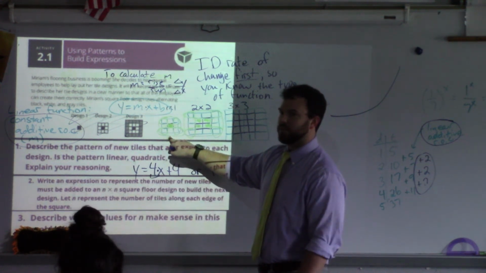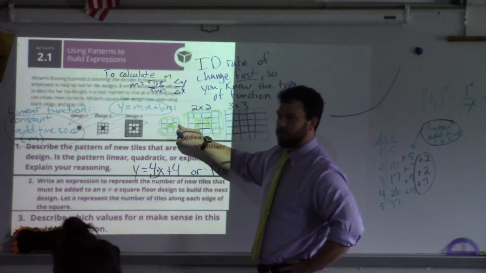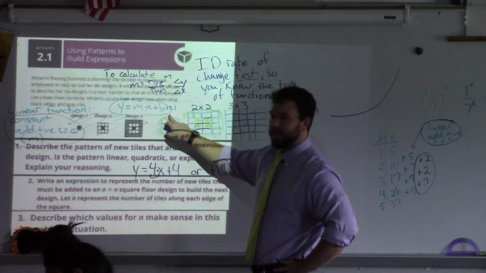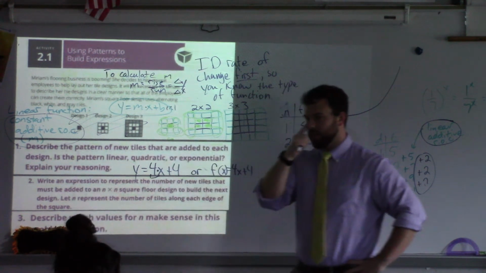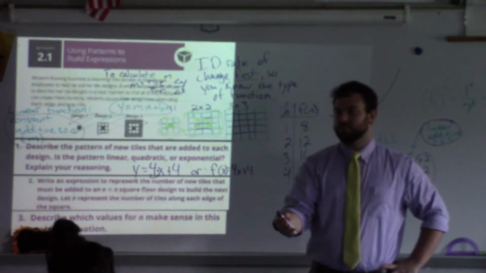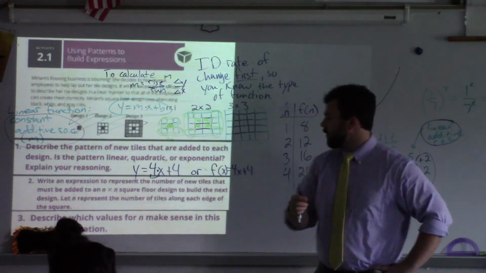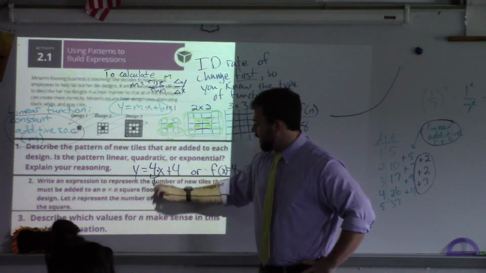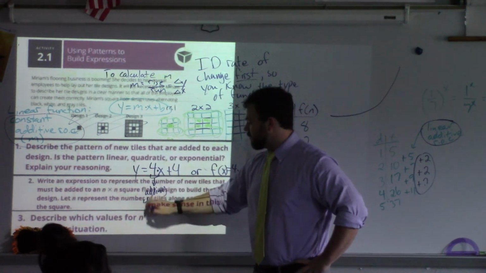Well, listen to what I'm saying, and be careful with your language. Am I adding 4 to here, and 4 to here, and 4 to here, and 4 to here? Okay, so I'm adding 1 to each side, which is how much? 4 total, right? So, you could say adding 4 what?